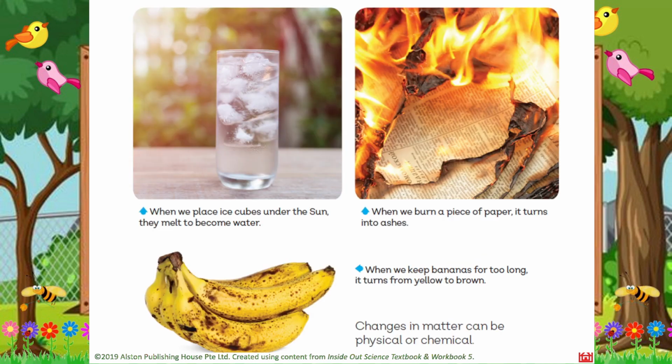Another example is when we place ice cubes under the sun, they melt and become water. So its state changes from solid to liquid, okay? So an ice cube is a solid while it melts down to a liquid.